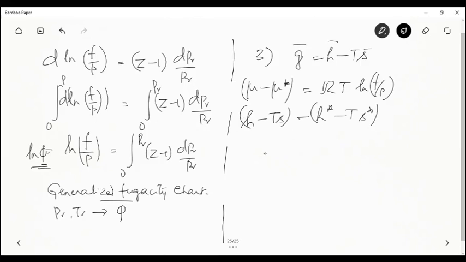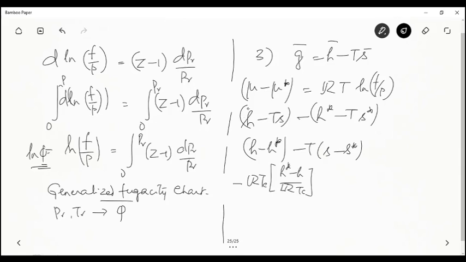So we can regroup this as H minus H star minus T into S minus S star, and these can be written in terms of your correction charts as minus of RTc into H star minus H by RTc.